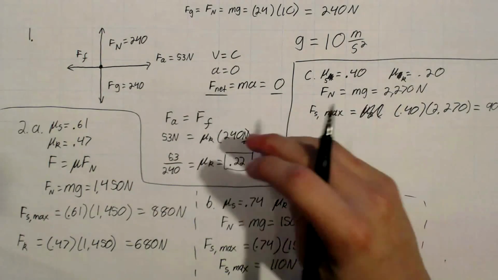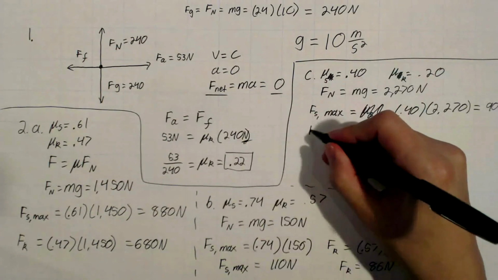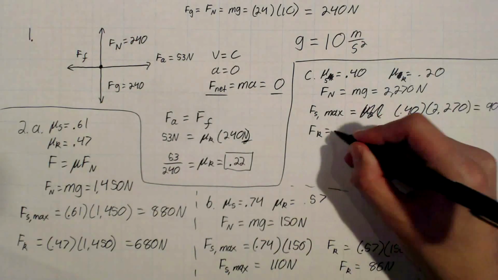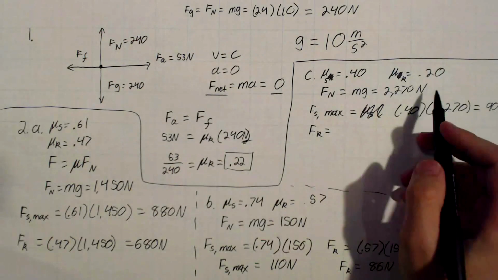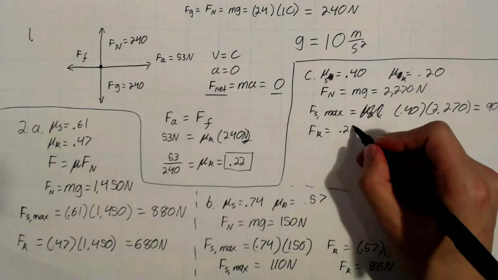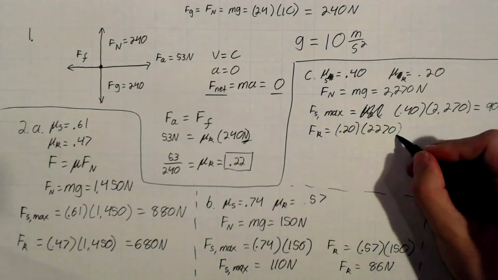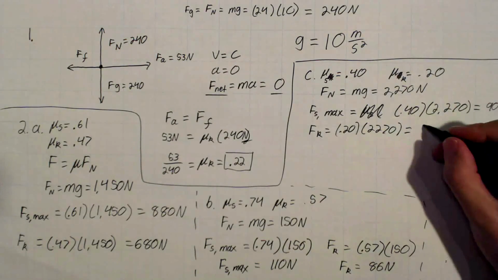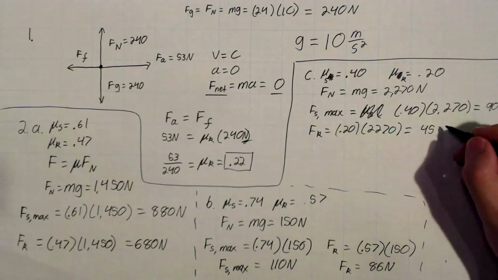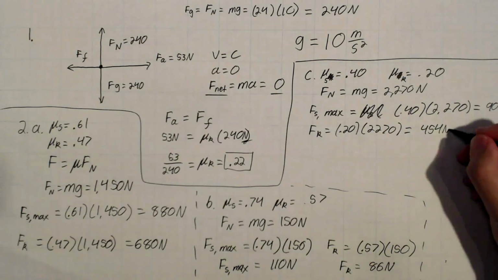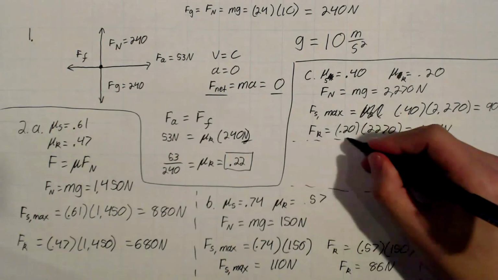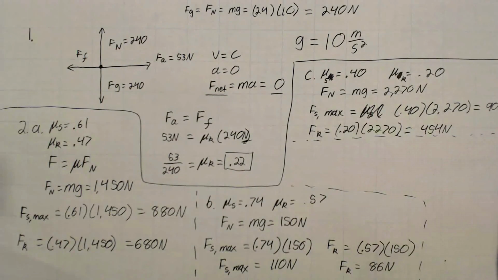I guess I should have rounded to one less sig fig, whatever. And our kinetic force of friction is going to be our kinetic coefficient of friction, again times our normal force, which is going to give us 454 newtons. Let's see if we can squeeze part D on this same page.